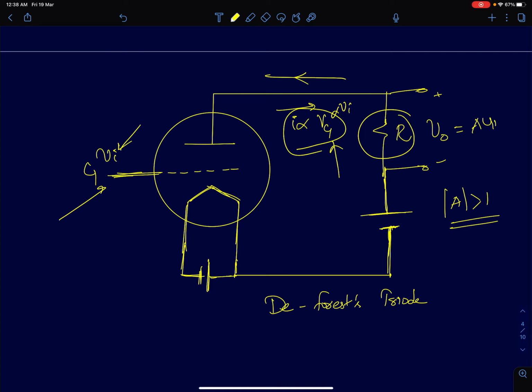And if that current flows into a resistor, the voltage drop across the resistor will be proportional to the input voltage. And then they had an amplifier built out of it. So this was in the 1910s, where a practical amplifier using vacuum tubes was built.